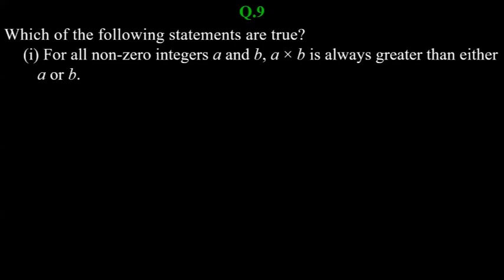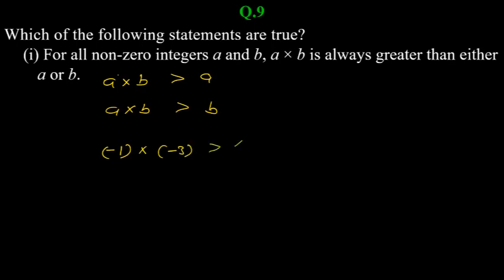Okay. So it says that a into b is greater than a and a into b will be greater than b. Always. Now suppose I have a case -1 into -3, then it's fine.